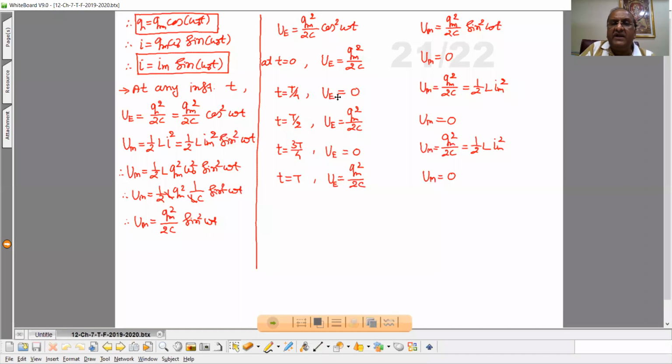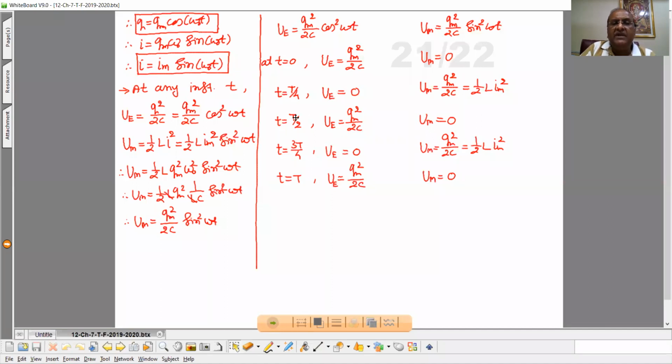So electric energy will be 0 and magnetic energy will be maximum, q m square by 2C, or we can say that is half L i m square.